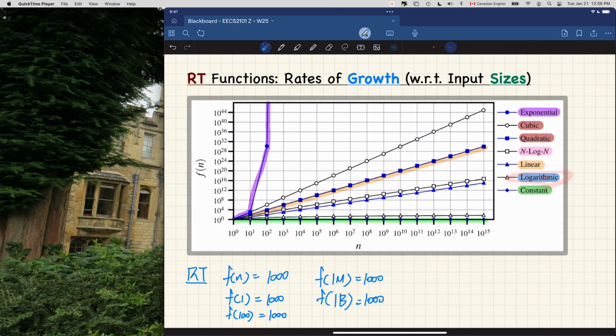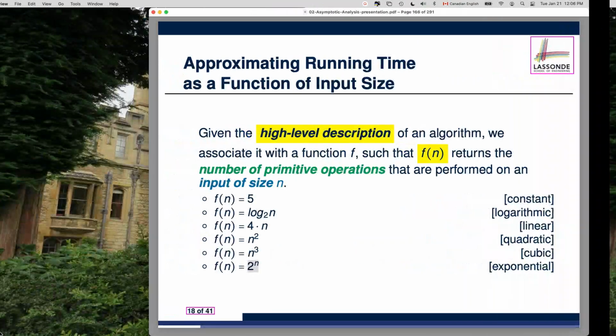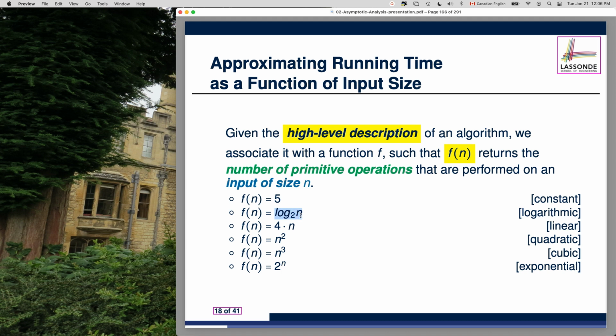The log would be something like this, just growing slower. You can see the correspondence more closely once you see the slides. Just remember the increasing order that we have. Log algorithm will be considered better than linear. The typical example we use to talk about these two is what you learn about using a loop to go over the database one by one. That's more like a linear algorithm. But later on, we're going to see that by using a tree, you might be able to reduce it back to log, right?